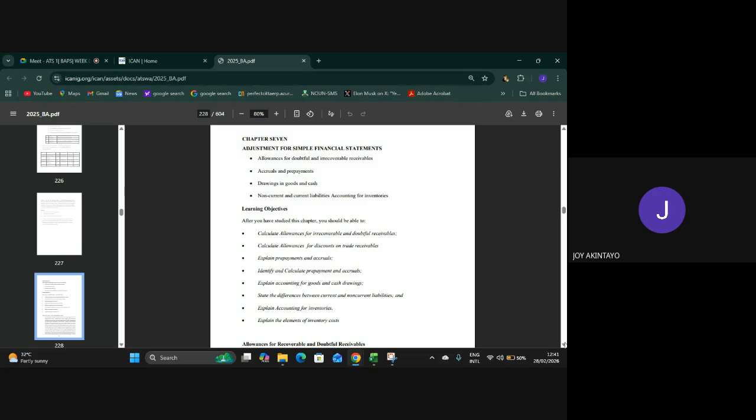Component of financial statement. One of the components of financial statement is statement of profit or loss and other comprehensive income.